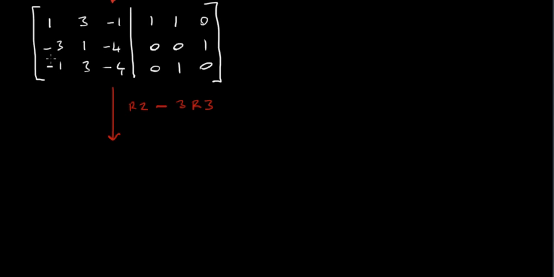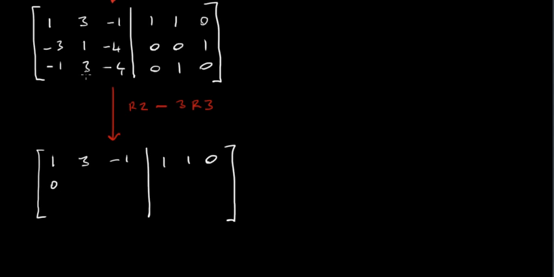That will give me a 0 here, which is what I want. So let's do that. So again, the first row will remain the same, 1 3 -1, 1 1 0. Now row 2 is the one that's going to change, so I've got to be a little bit careful here. Row 2 minus 3 times row 3. Well, -3 times -1 is +3, -3 plus 3 is 0.